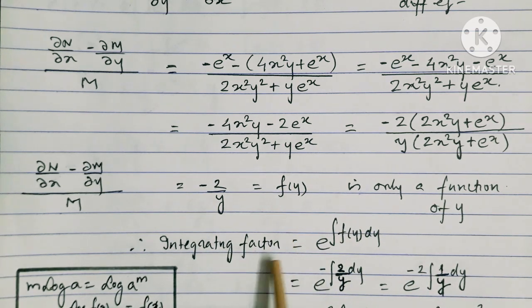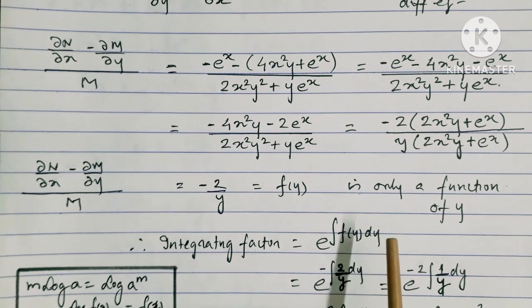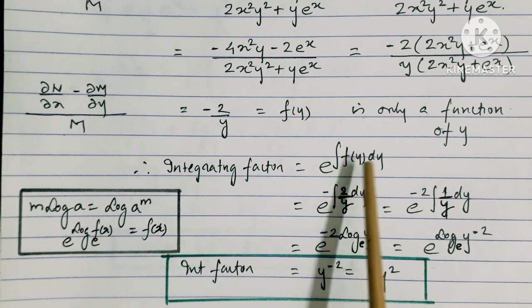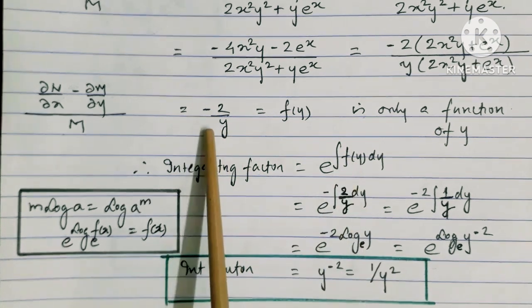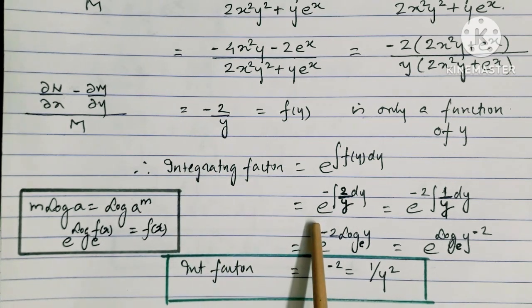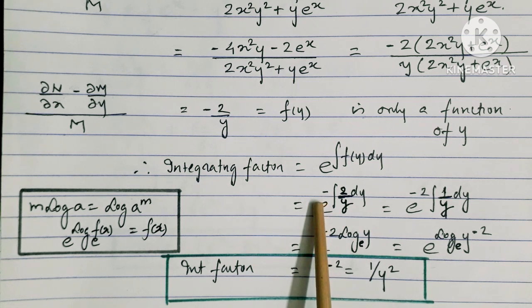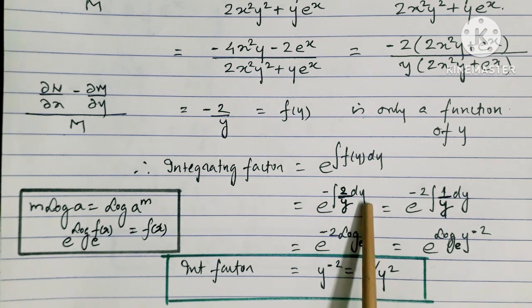Hence, the integrating factor is equal to e raised to the integral of f(y) dy. Now, let us substitute the value of f(y) in the integral, which is equal to −2/y. So, the integrating factor would be equal to e raised to minus the integral of 2/y dy.